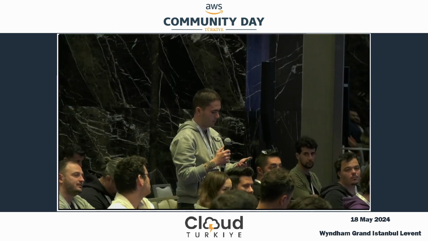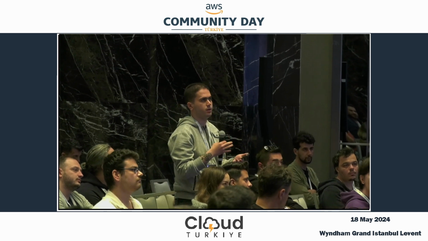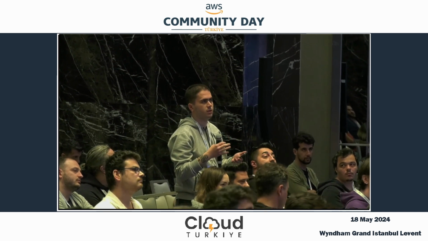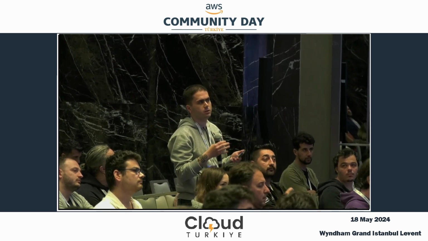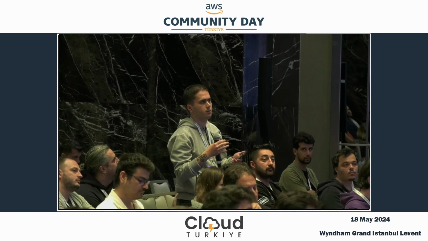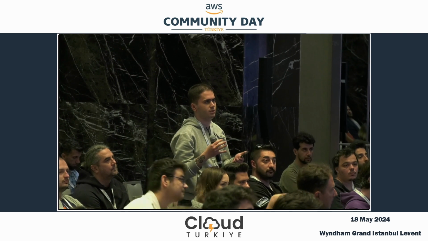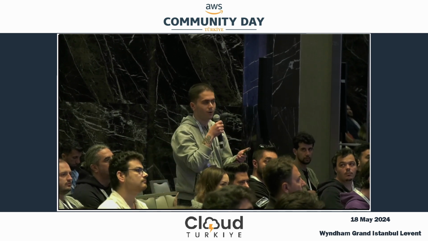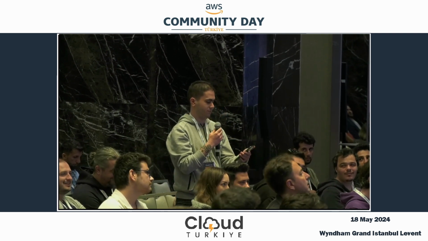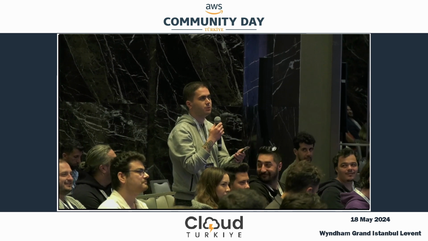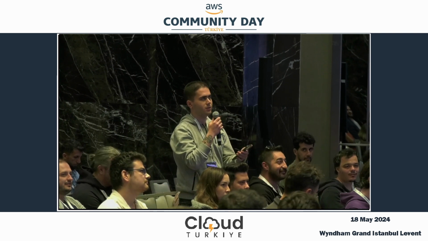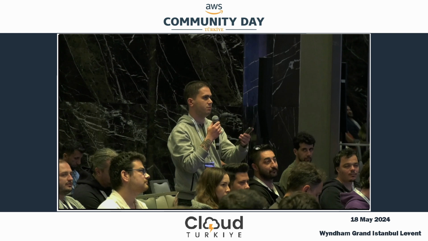I have a question about seccomp, like system call states between eBPF or Cilium. What are the differences between like your product and Docker's seccomp? Sorry, can you hold the mic a bit closer? I can't hear you very well. What are the differences between seccomp and eBPF?